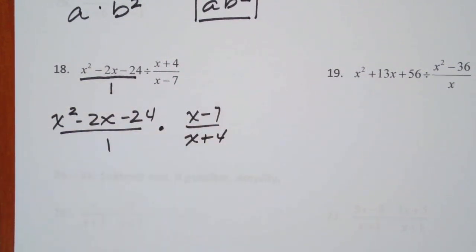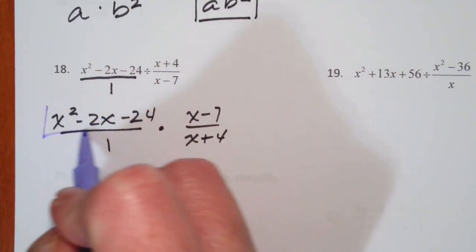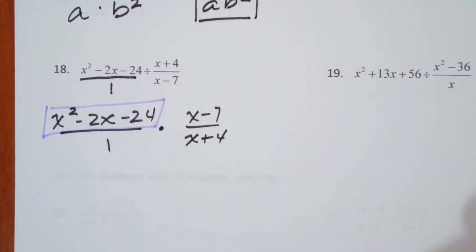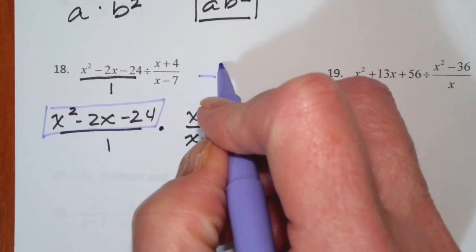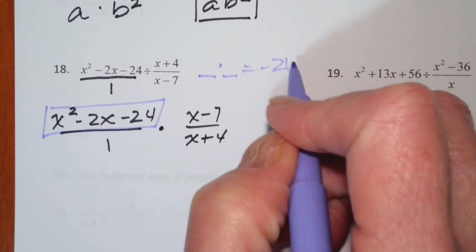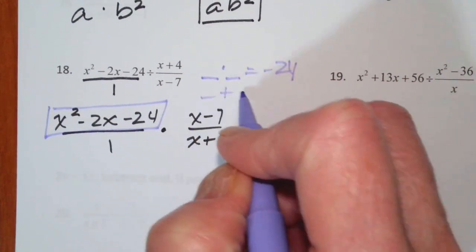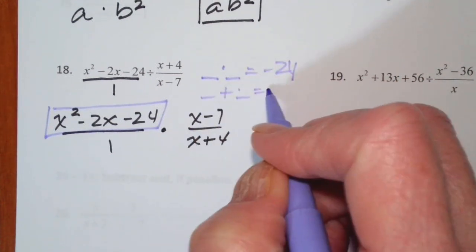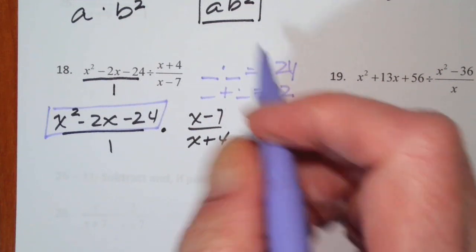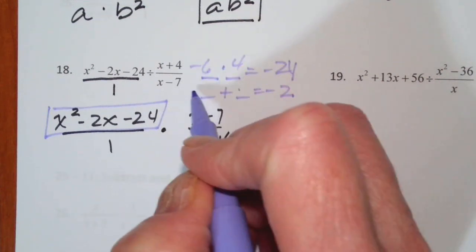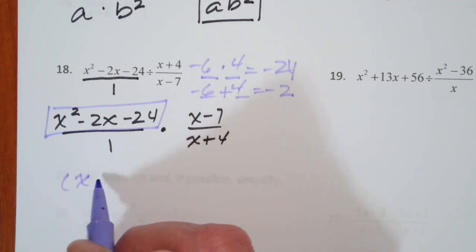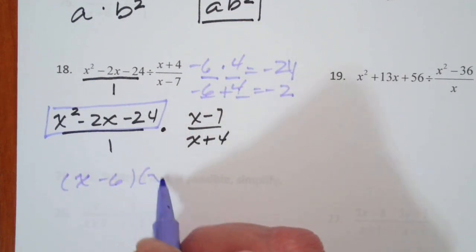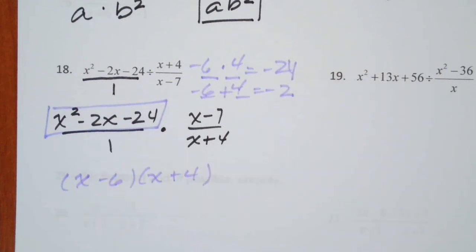Okay, so let's see what we've got here. x squared minus 2x minus 24, I need to factor it. And I'm looking for two numbers whose product is negative 24 and whose sum is negative 2. So that's what, negative 6 and 4? So this factors into x minus 6 times x plus 4.